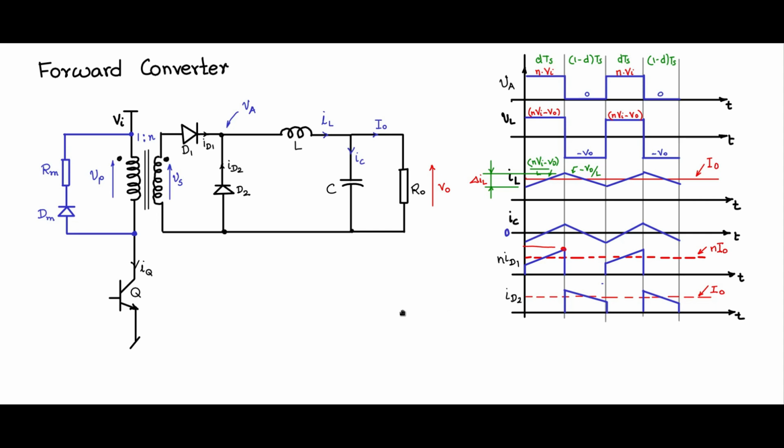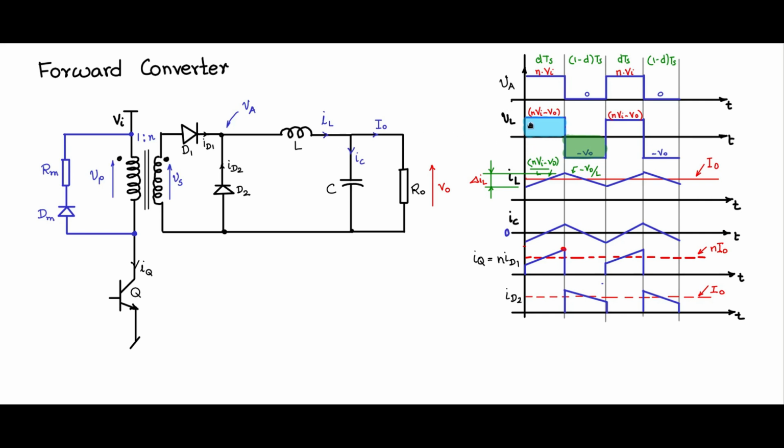In the meantime, before that, I would like to give the input-output relationship. So let us write down the input-output relationship, and for that we need to look at the inductance voltage waveform, that is the voltage waveform across the inductor. We have to look at the volt-second balance.